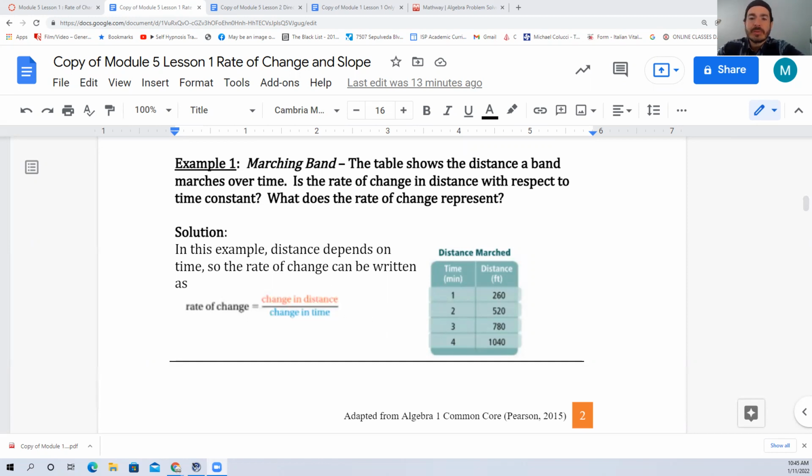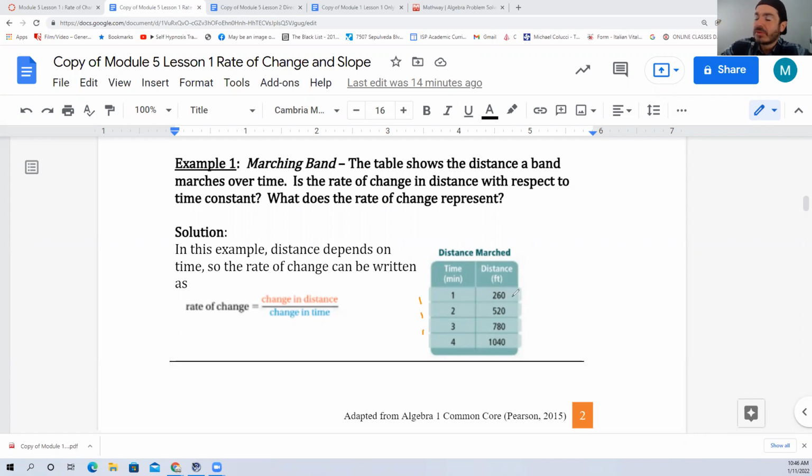All right, so if we look, the change in time is always the same, 1, 1, 1. That itself doesn't mean that the slope or the rate of change is going to be constant for the whole equation. It just means that for that one variable, the data they're giving us in the table is constant, and it'll make the math a little bit easier.